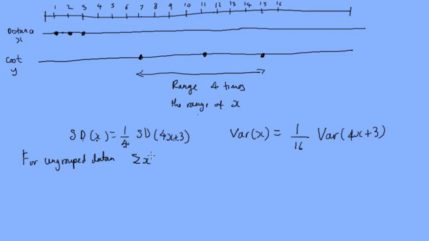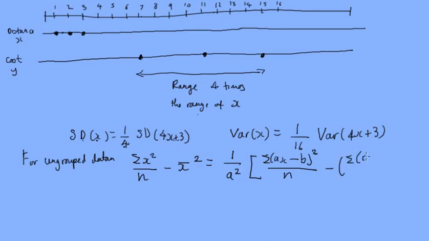The sum of x squared over n minus the mean squared is going to be 1 over a squared, where for the coded data set we've got the sum of (ax minus b) squared over n minus the sum of (ax minus b) over n, squared.